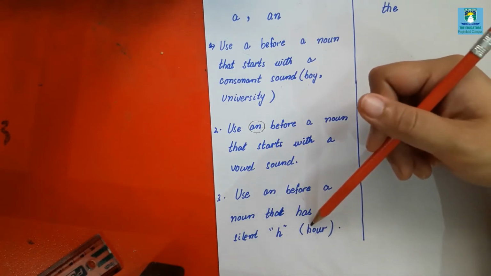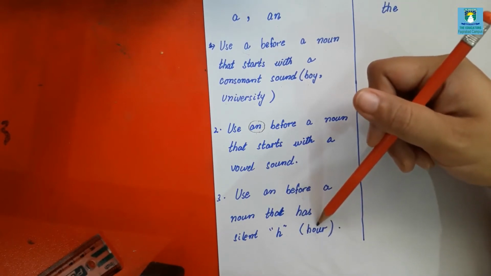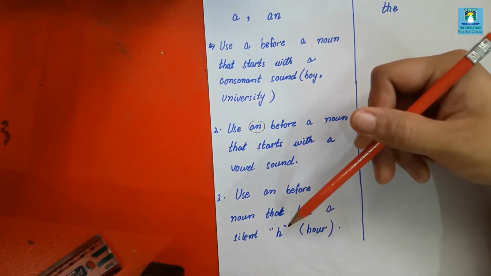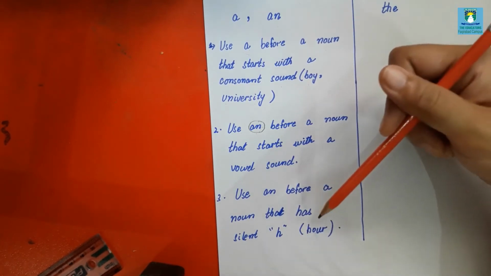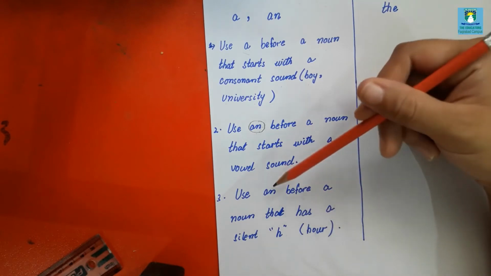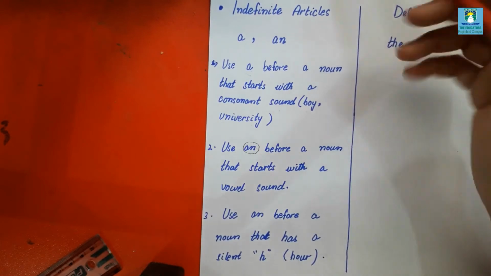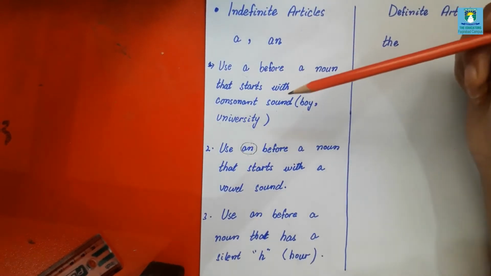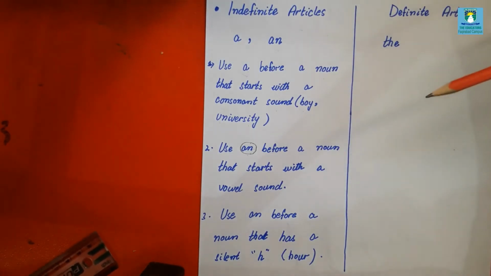Although it's starting with h, we don't pronounce it as hor. We call it hour. It's starting with a silent h. So just keep in mind these three rules. If they are in your mind, you will be able to solve the exercise work.